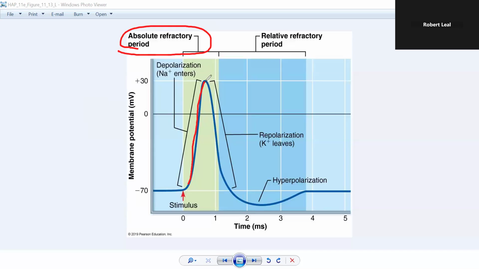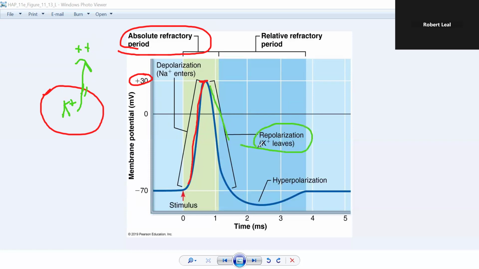Now, when you come back to rest from 30 millivolts, what happens? You will have voltage gated channels for potassium open. They open up at 30 millivolts, and because there's more potassium inside, it wants to go out. You're losing positive ions. You're coming back to rest. The term is called repolarization.